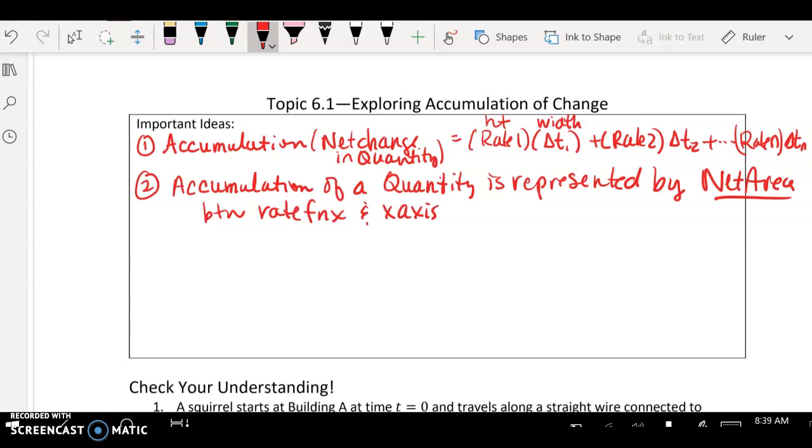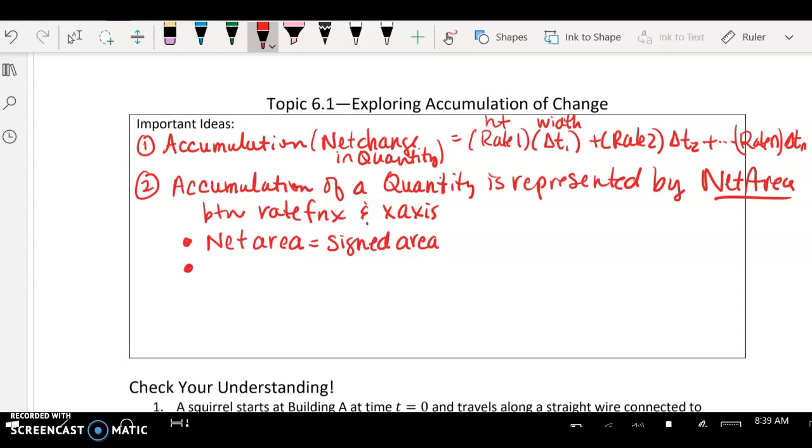As we're talking about this idea of net area, area itself is always positive. However, when we do net area, it's what we call signed area. And so we do have this idea that we're going to add positive or negative to that, right?